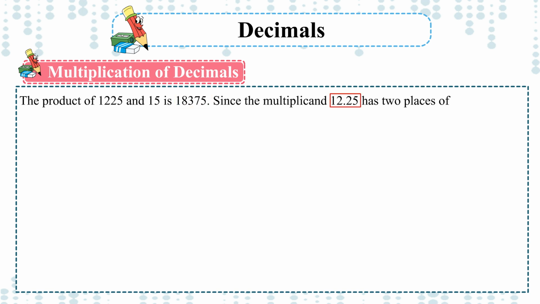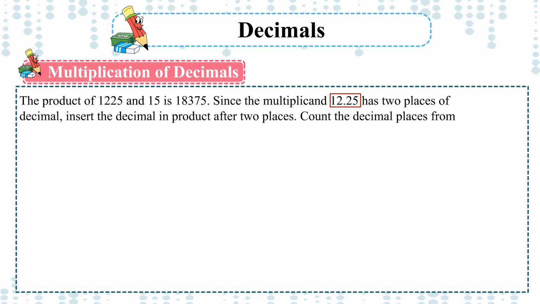Since the multiplicand 12.25 has two places of decimal, insert the decimal in the product after two places. Count the decimal places from the right-hand side. So, 12.25 multiply 15 is equal to 183.75.